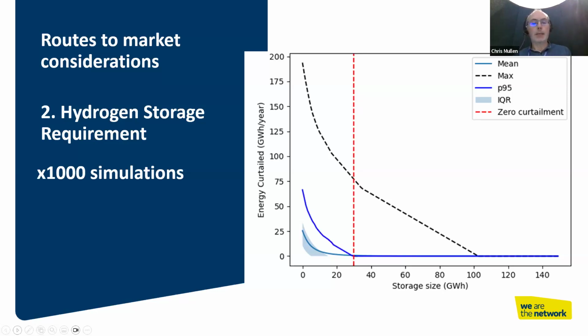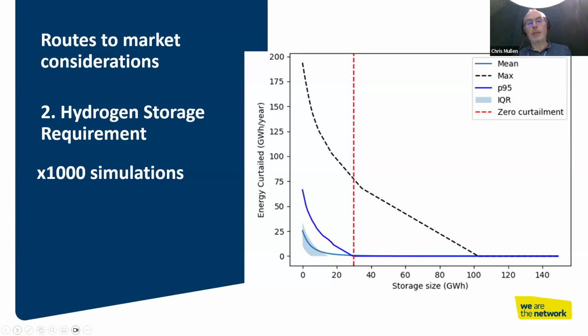And then this blue line in the middle is the 95th percentile. So what that means is that 95% of the simulations had a curtailment at or below this value.